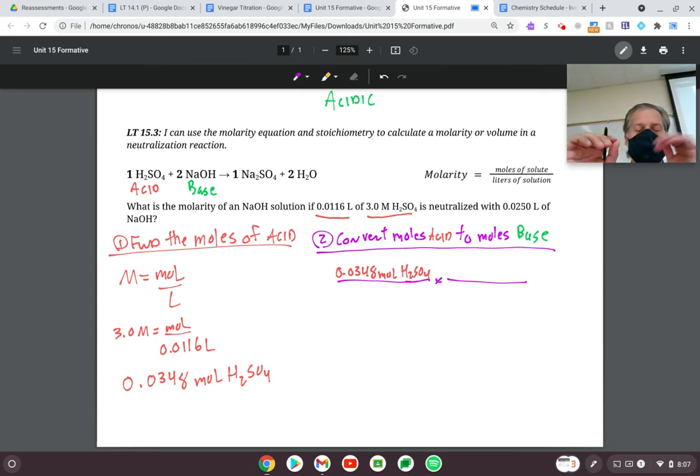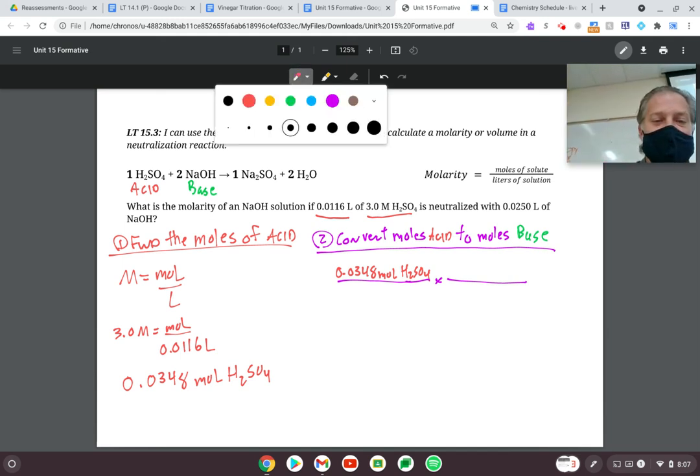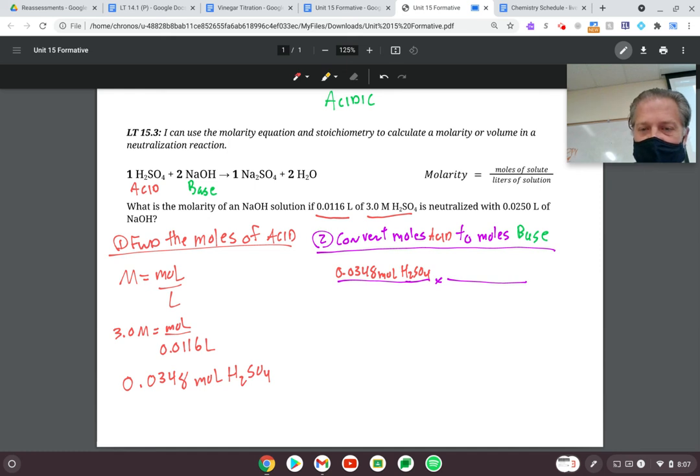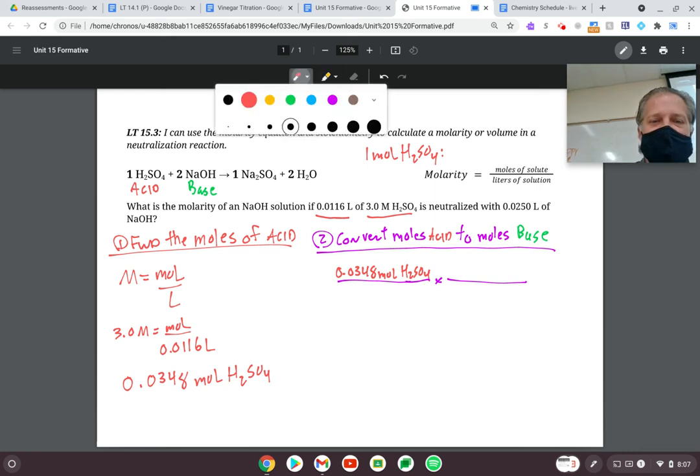And in order to do that, I need to know the mole ratio of the acid to the base. So again, we've already identified which is which. So hopefully I can see that it's 1 mole of H2SO4 for every 2 moles of NaOH.